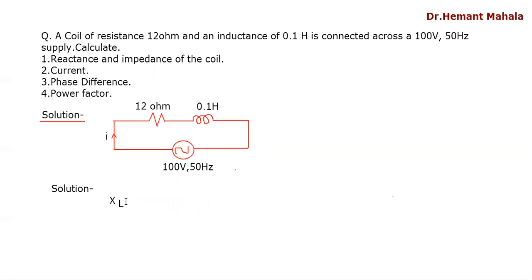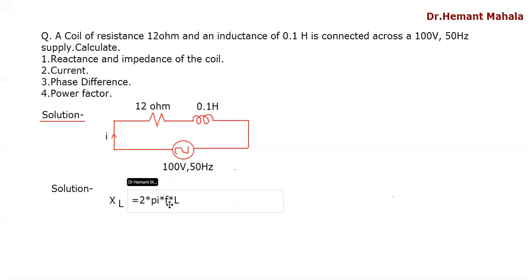Okay, and this XL is equal to, we know the formula, 2 pi F L, where pi we all know the value is 3.14, frequency given is 50 hertz, and the inductance given is 0.1 Henry. So this is the formula of inductive reactance.